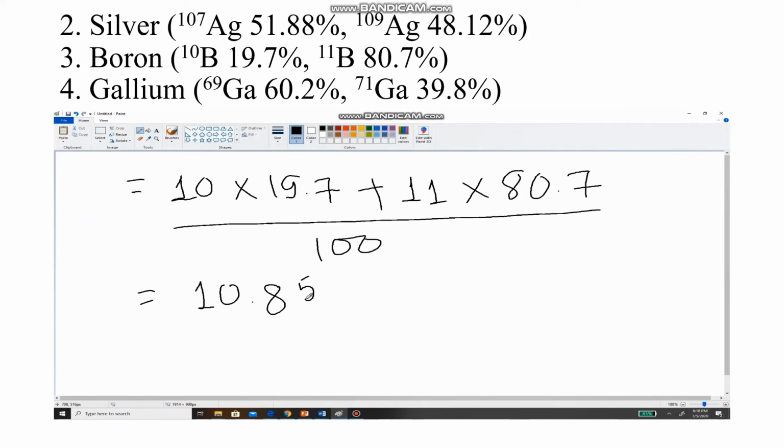So this is the relative atomic mass of boron, and this is the answer to question number 3, 10.85.